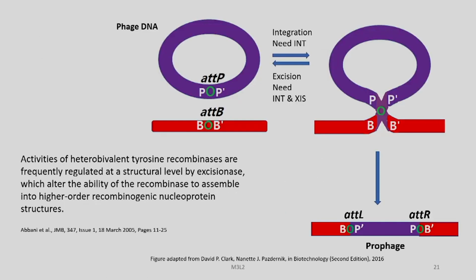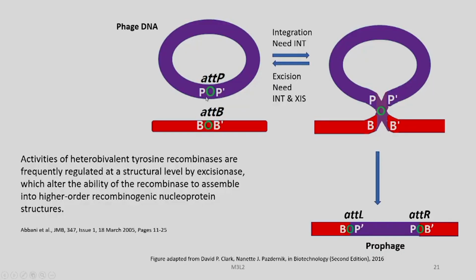We have discussed the ATTP and ATTB sequences earlier. So, you can see the location of these sequences over here. Now, in the case of integration, you need integrase, and excision would require the integrase as well as the excisionase, and these give rise to the prophage.